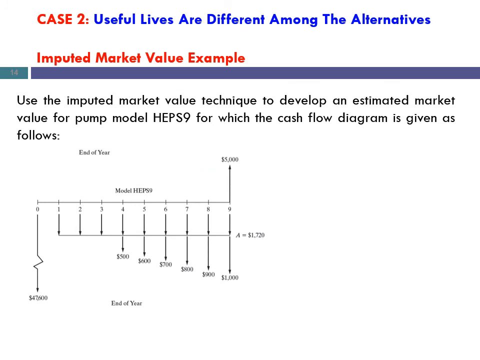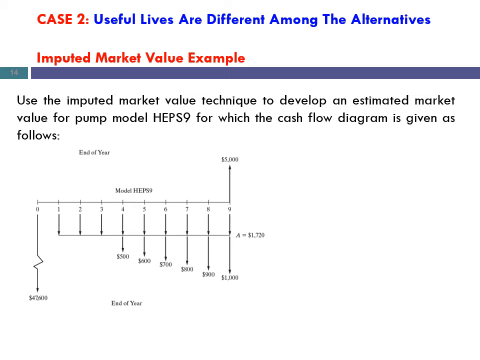So in order to understand this imputed market value technique better, let's consider this example. In this example, there is a pump with this model number, and the cash flow for this pump, the initial capital investment, the market value, the salvage value at the end of its useful life, and the electricity and maintenance costs are all provided.